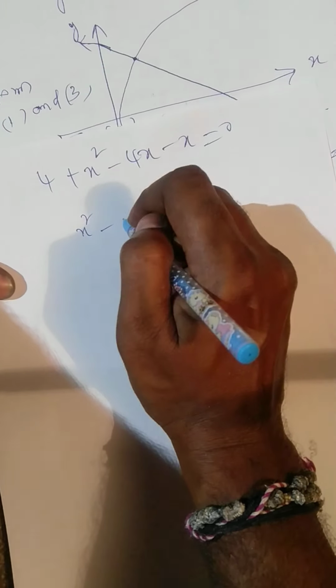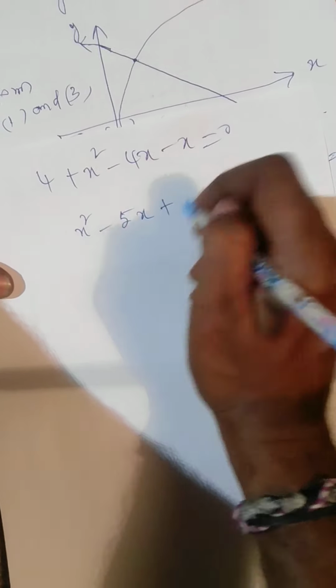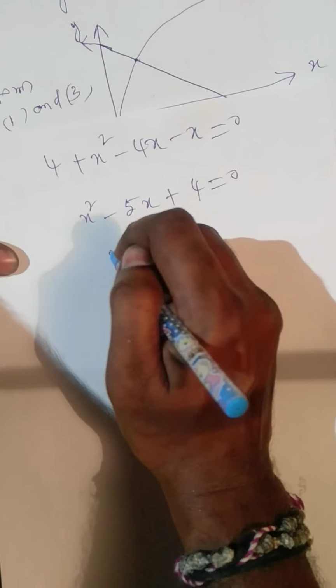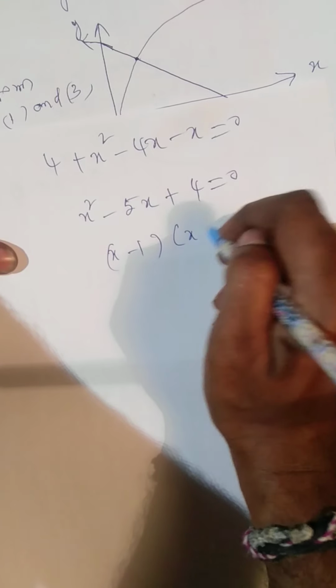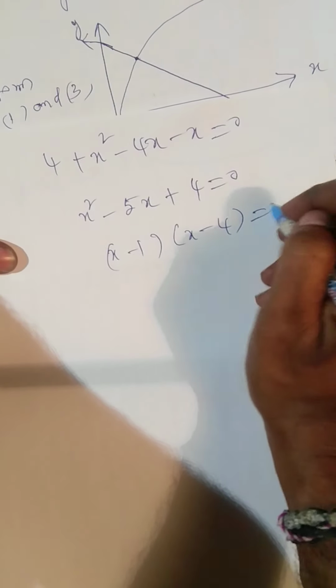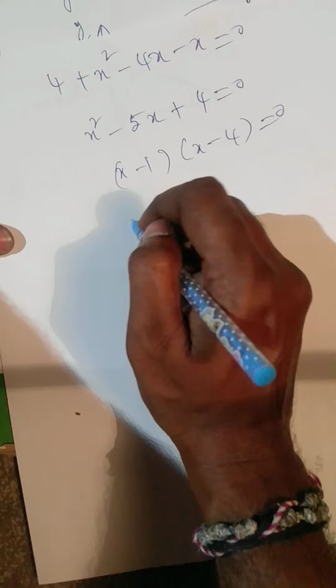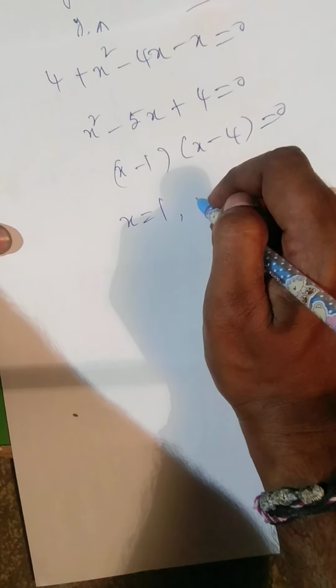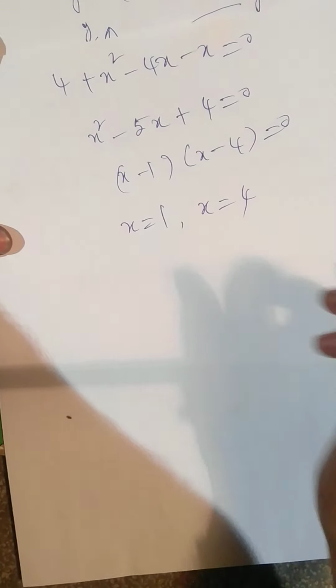You'll get x square minus 5x plus 4 equals 0. Splitting the middle term, x minus 1 into x minus 4 equals 0. So you'll get x equals 1 and x equals 4.